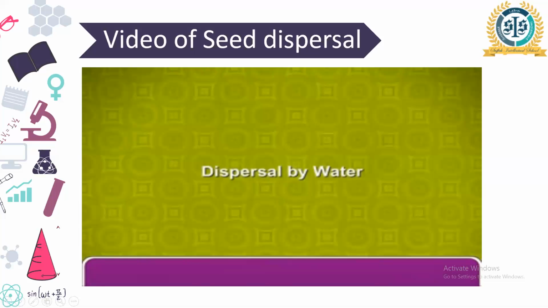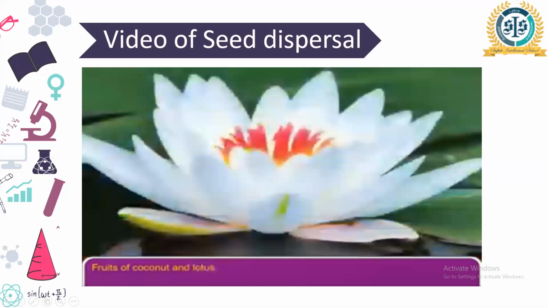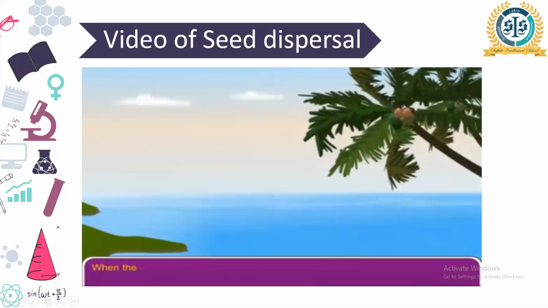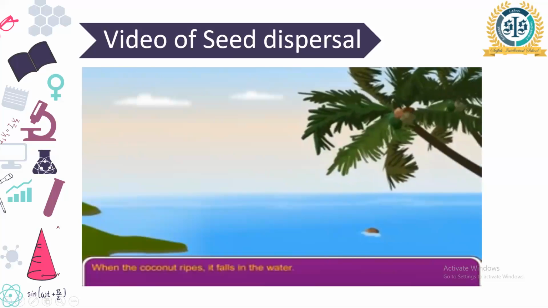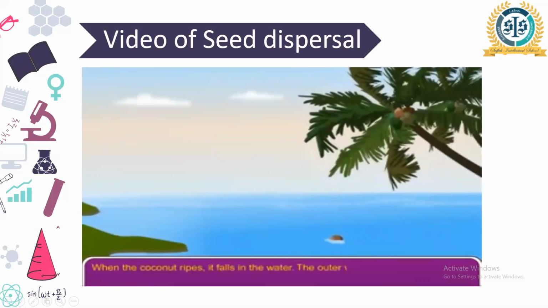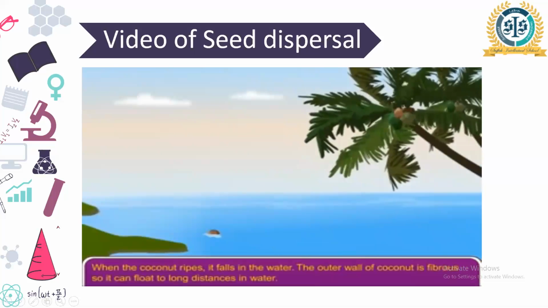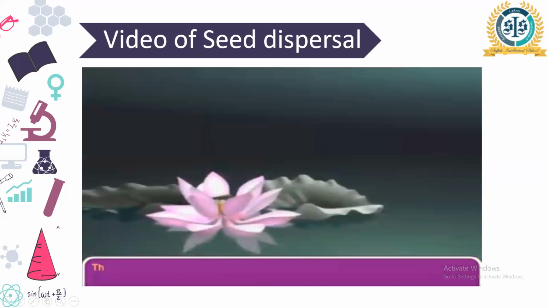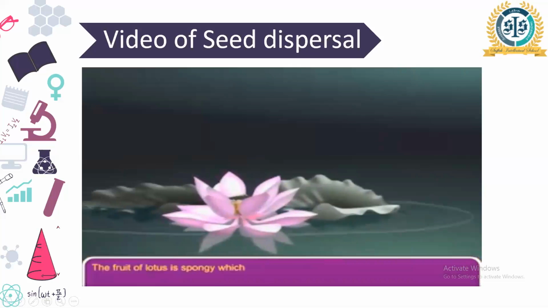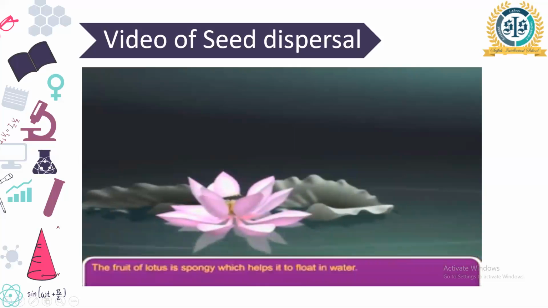Dispersal of seeds and fruits by water. Fruits of coconut and lotus are dispersed by water. When the coconut ripens, it falls in the water. The outer wall of coconut is fibrous, so it can float to long distances in water. The fruit of lotus is spongy, which helps it to float in water.